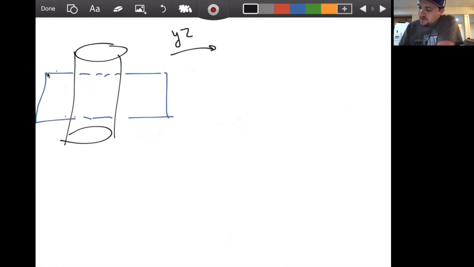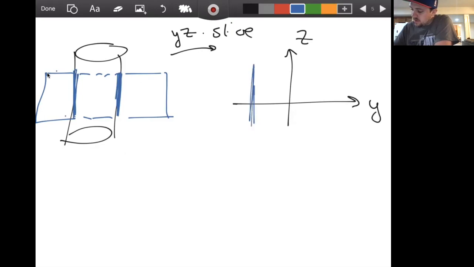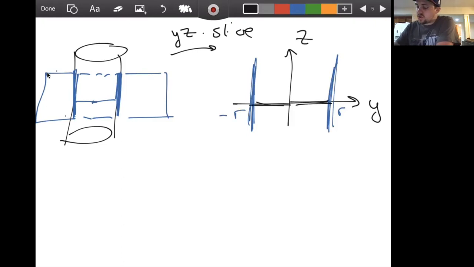This is a YZ slice. What do I get? Where does this intersect? It intersects at two lines again. And those lines, from the origin, they're both out a distance of the radius. And so this is my YZ trace, in a plane parallel to the YZ coordinate plane.